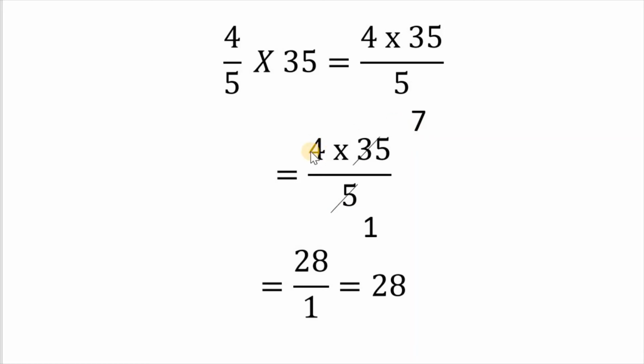This way you can make your job easier. Here we have 5 ones are 5 and 5 sevens are 35. Therefore, this is going to reduce to 28 by 1, which is equal to 28. Instead of having to multiply 4 with 35, now you can just multiply 4 with 7 and have the answer directly.